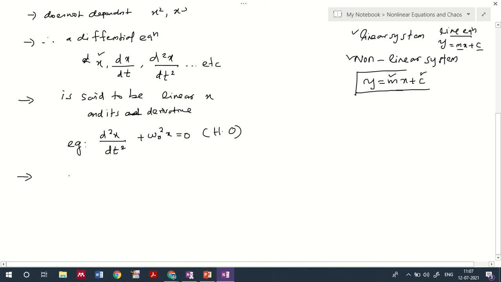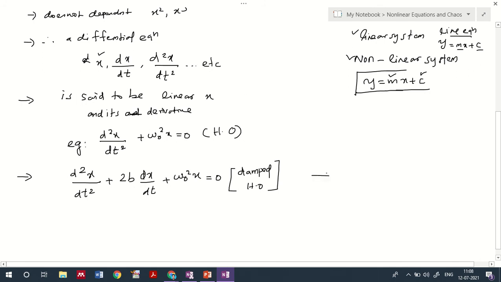For the nonlinear case, it will be slightly like this: d square x by dt square plus 2b dx by dt plus omega 0 square x equal to 0. Hope you remember that this equation corresponds to a damped harmonic oscillator. So the harmonic oscillator is d square x by dt square plus omega 0 square x equal to 0, and if there is damping, d square x by dt square plus 2b dx by dt plus omega 0 square x equal to 0, which is a damped harmonic oscillator.